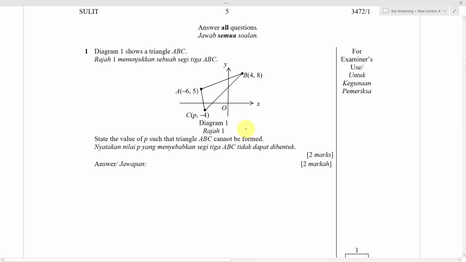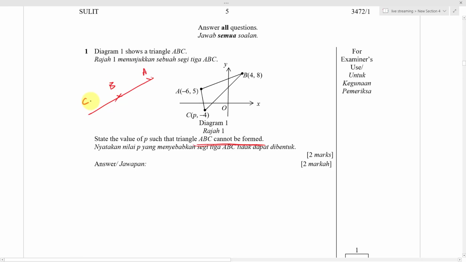This question, I would not say it's a common question, because it's very uncommon. You have A, B, C, and they show you a triangle, and then they ask you to state the value of P such that the triangle ABC cannot be formed. There's only one possibility where the triangle cannot be formed, which is if ABC is a straight line.